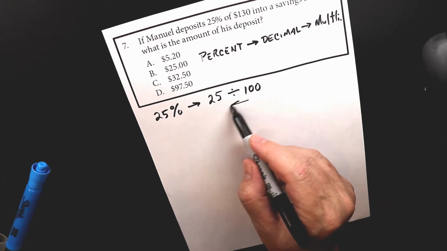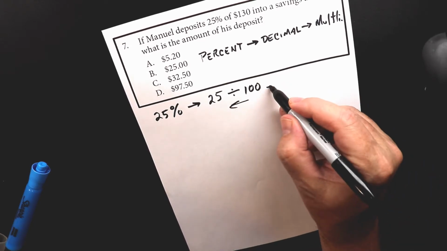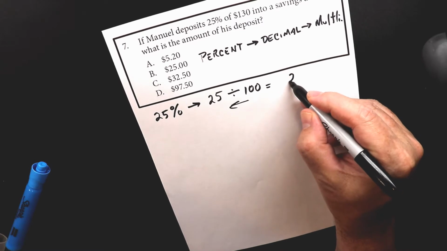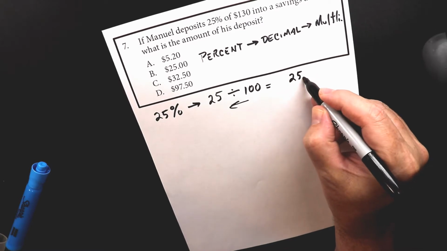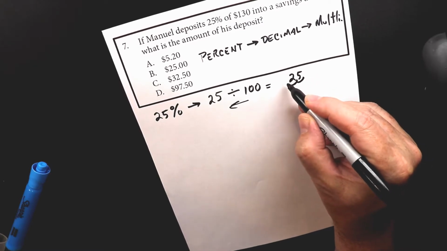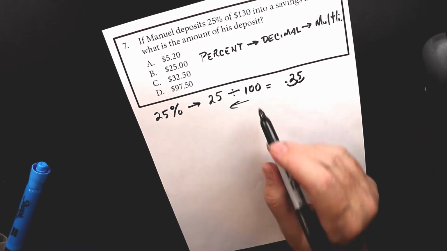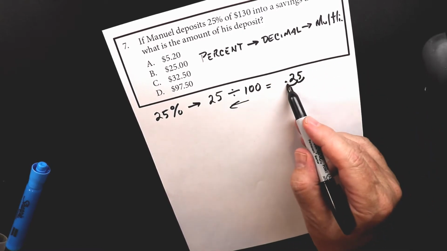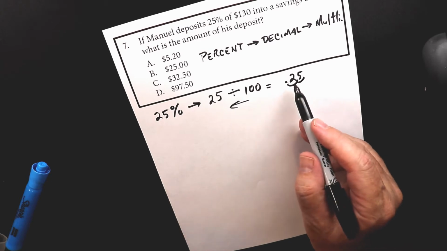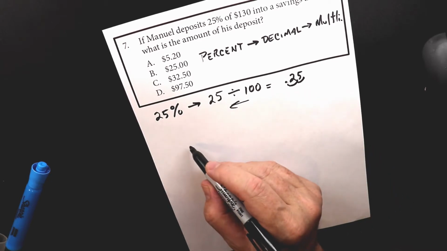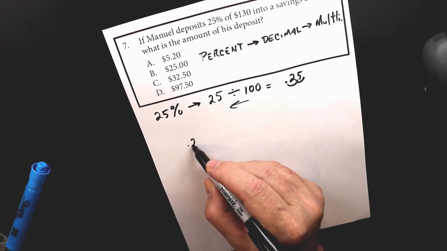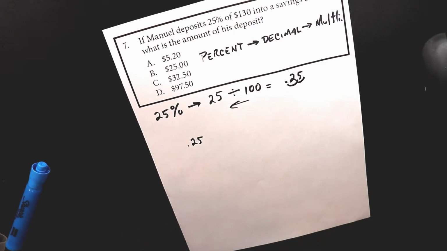So the decimal would go that way. So let's write 25, and we move it over 1, 2. Since it has 2 zeros, that's how many places you move it over, 2 spaces. So the decimal is 0.25.